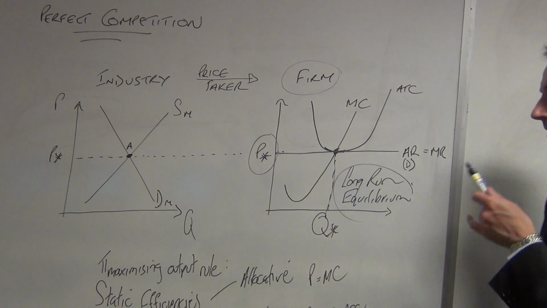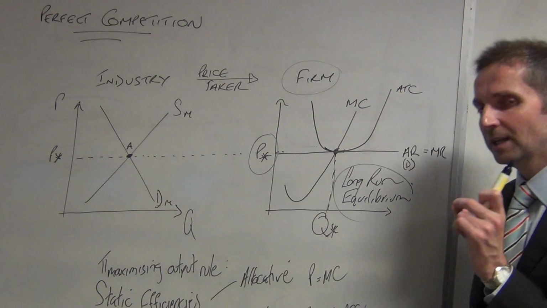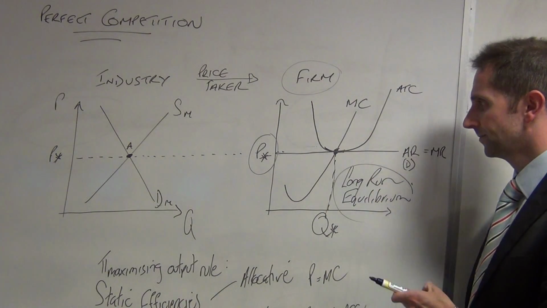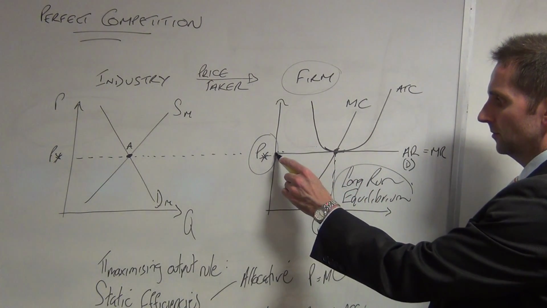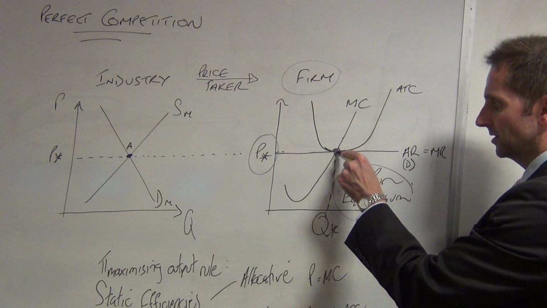And then secondly, it's also producing at a point at which price is equal to the marginal cost of producing the very last unit, because it's the point basically at which demand and supply intersect at this point here.